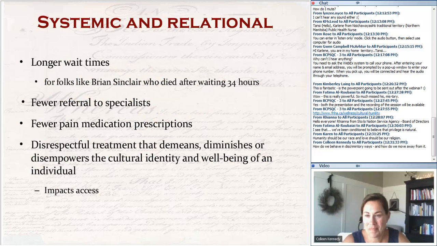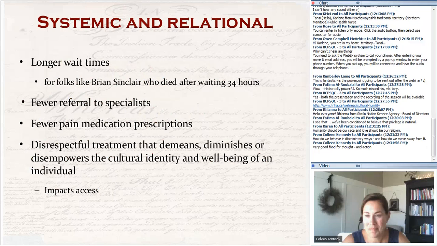And so these are some examples of how at the systemic and relational level within healthcare, Indigenous people are experiencing racialized discrimination, right? And so this is well documented. None of these things are hearsay. This is not something I heard the other day.